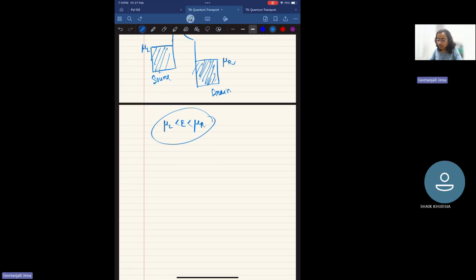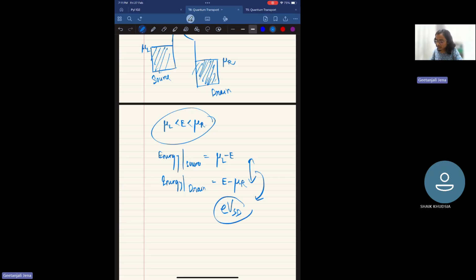And if you recall, the energy that is left behind at the source point, we can write as mu L minus E. And for the drain side, this is E minus mu R. So the total energy that is dissipated at the source and drain electrodes is the summation of these, which is E V_SD, where V_SD is the voltage applied between the source and drain.